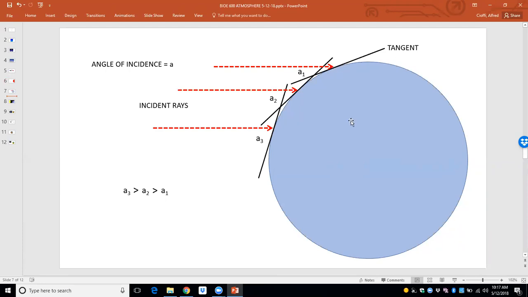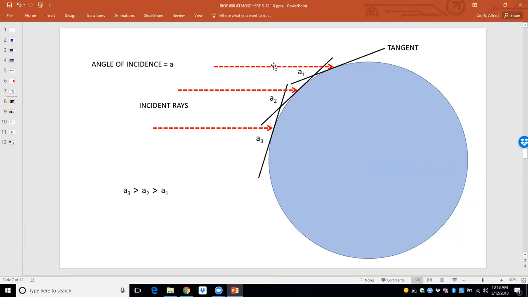Picture in your mind a ball and a coin, right? You can move that coin around the ball, and if the coin is flat, it's only touching the ball at one point because the coin is flat, all right? So the coin represents the tangent, if you will. You good?